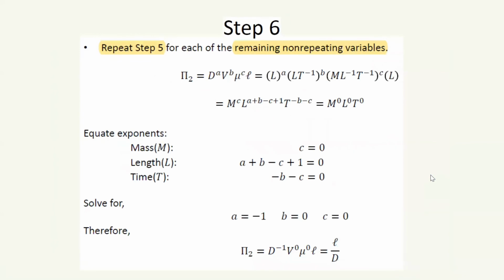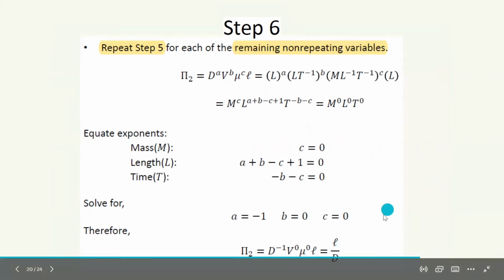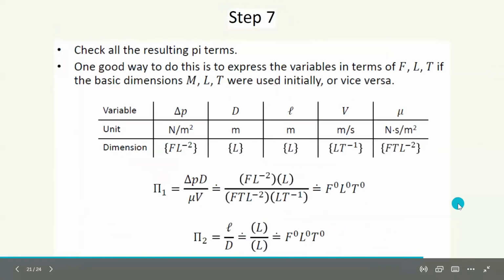Step 6. Repeat step 5. However, we'll use another term which is the L. So we'll repeat the steps in step 5 and find the values of a, b, and c, and at the end we'll find the second pi which is equal to L divided by D.